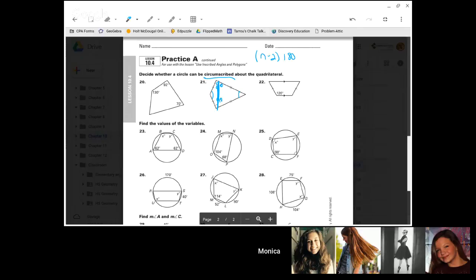And then if all 4 angles inside this shape have to equal 360, these two already equal 180. That leaves us with 180 left. So we know that these two are supplementary also, yes? So that means this one could be circumscribed. We could have a circle drawn around that one.